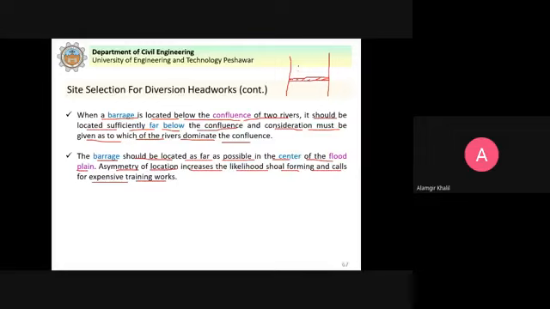So you see that on the upstream side there will be some small islands that the water will flow here. So these are shoal forming and calls for expensive river training works. So these are the points which should be kept in mind while selecting site for diversion headworks.